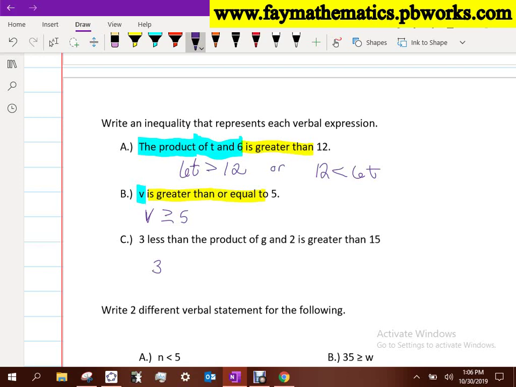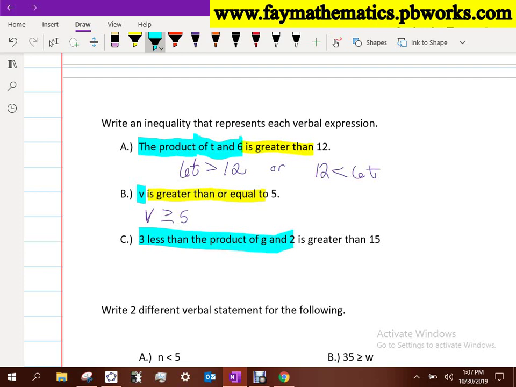Okay, so there's some discrepancy in this one. Read the whole statement first before we start. Awesome. Okay. So when I read the whole thing, 3 less than the product of G and T, and I can see the argument where you see the phrase less than, and you automatically want to go inequality, right?